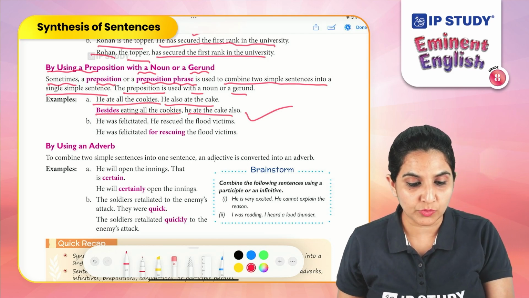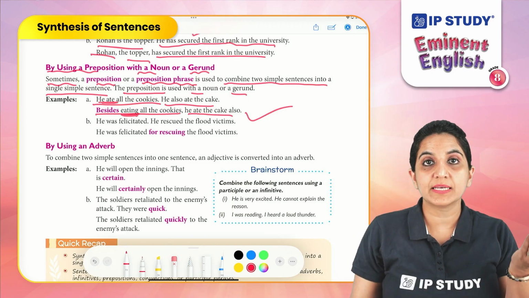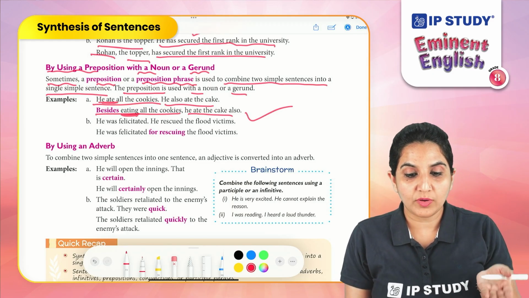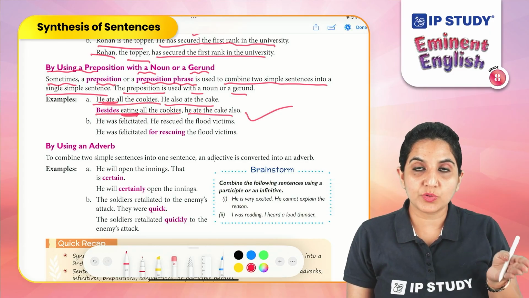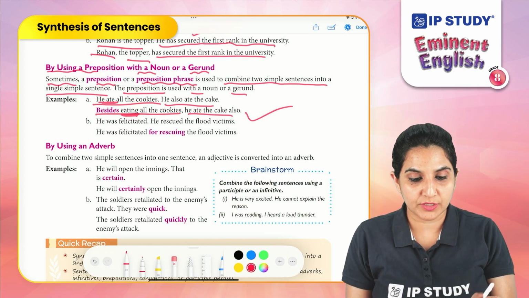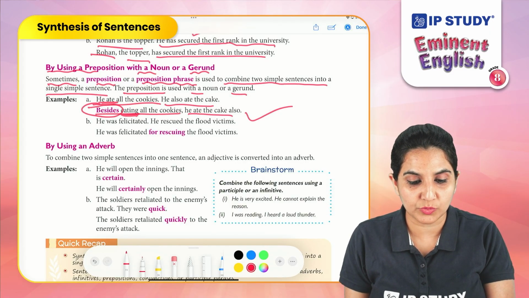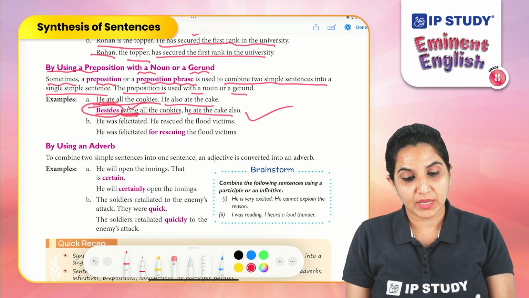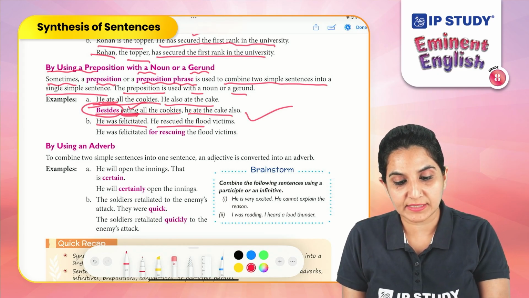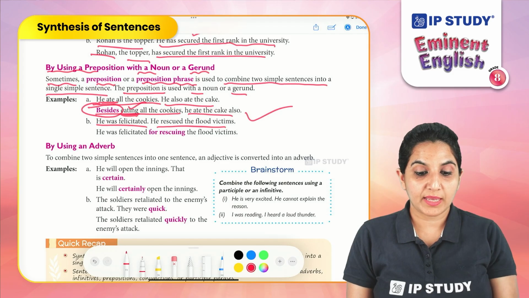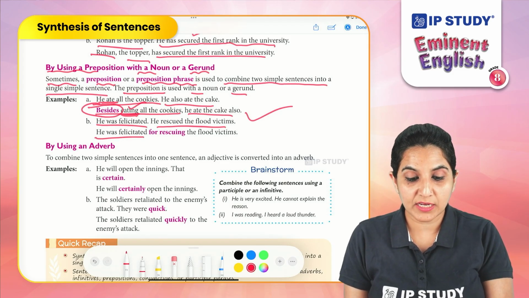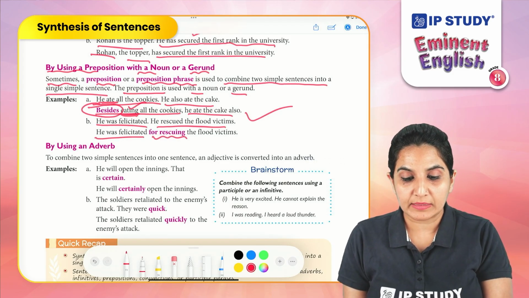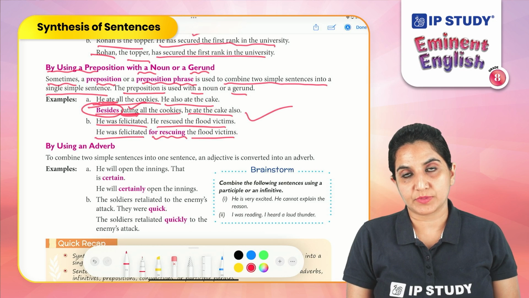Now here we have used the gerund eating for cookies and cake. The first verb ate was changed into eating because we used a gerund for it. So the preposition besides is used with a gerund here. He was felicitated. He rescued the flood victims. He was felicitated for rescuing the flood victims.